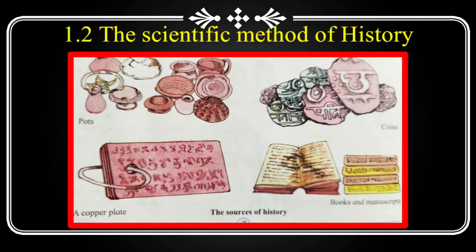These pictures are the examples of sources of history, such as pots and coins. These are material sources of history. A copper plate, books and manuscripts, these are written sources of history.